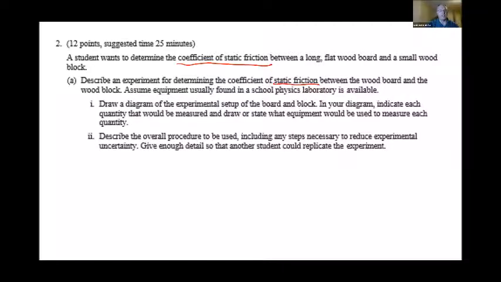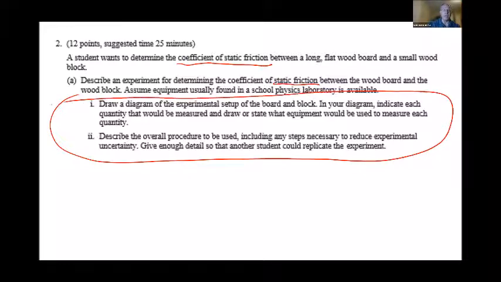So part A says to describe the experiment for doing this. And notice that along the way, we've got sort of some advice for how to do that. So it wants us to draw a diagram indicating each quantity that we're going to measure and how we're going to measure it.